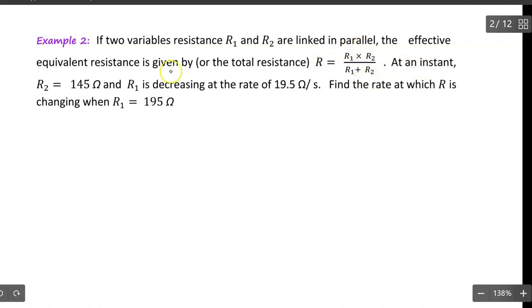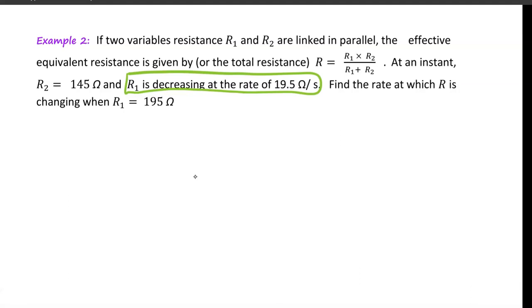At an instant, R2 is 145 ohms, and R1 is decreasing at the rate of this. So now we are going to read this sentence very carefully. So R1 is decreasing at the rate of 19.5 ohms per second.